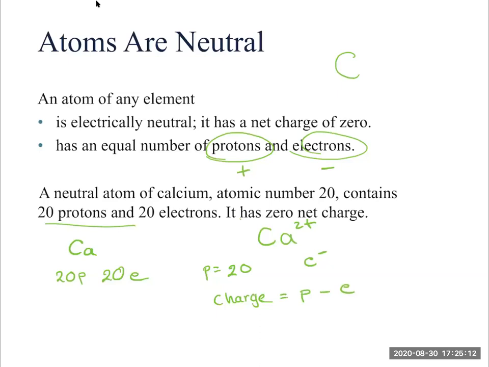So 2 equals protons, you know it's 20, minus electrons. So this should be minus 20, minus 20, then you're going to have negative 18. And then divided by the negative, you're going to have 18 electrons.